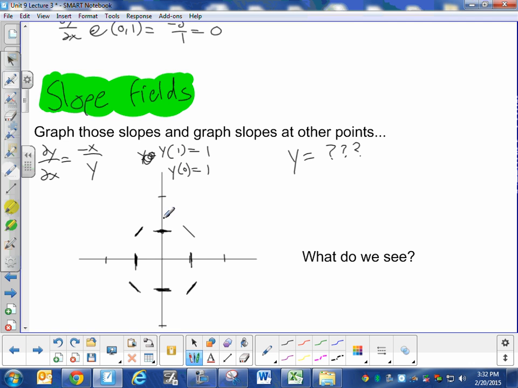Everything on the y-axis, because x is 0, is going to be horizontal. Everything on the x-axis is going to be vertical. Everything on the line y = x will be -1, and everything on the other diagonal would be the opposite.